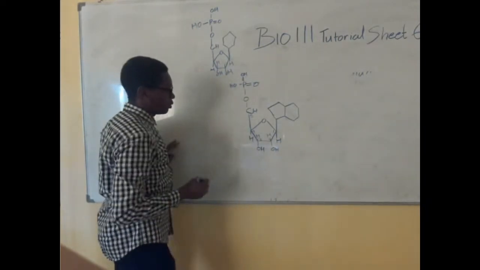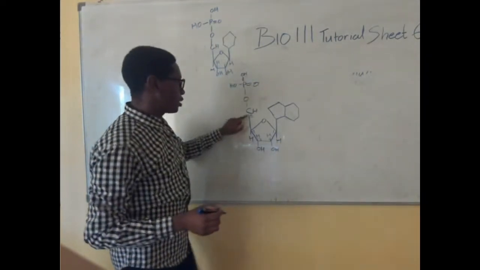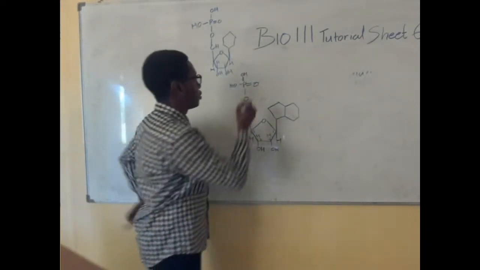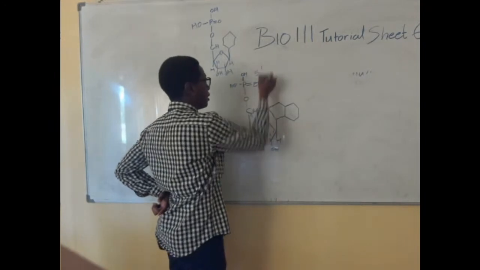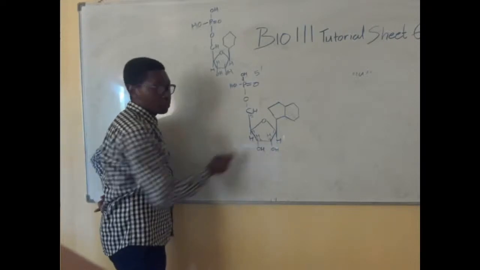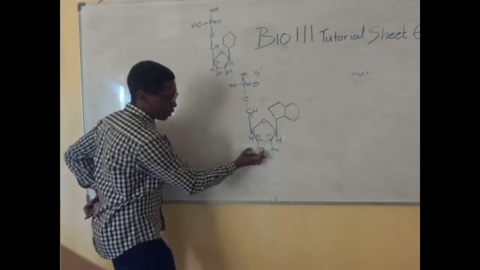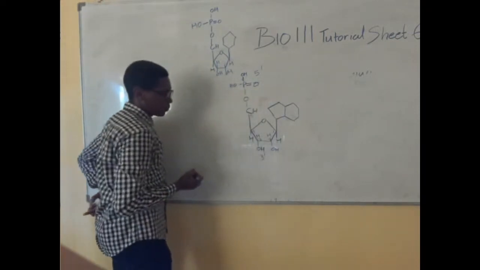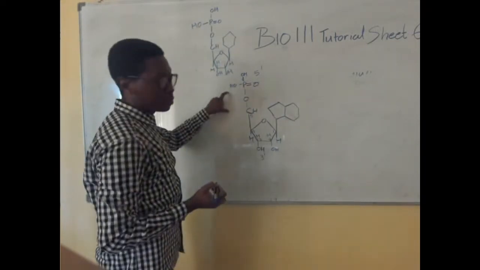Because this phosphate group is connected to carbon number 5, this part of the molecule is known as the 5' end. And because this hydroxyl group is connected to carbon number 3, this part of the molecule is known as the 3' end. Take note of that.